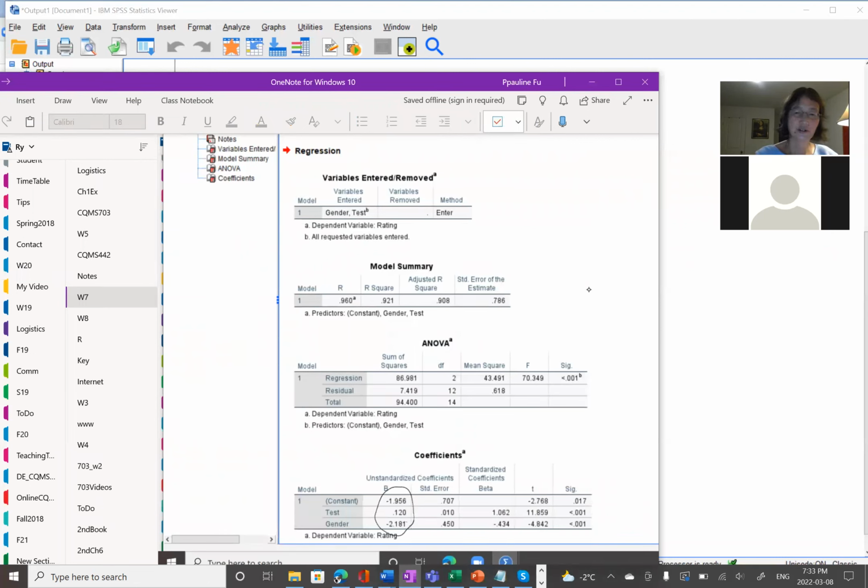So y equals negative 1.956 plus 0.12 test. Test is my x1, or you could use the variable name test. Then negative 2.181 is for gender, and y is our rating.